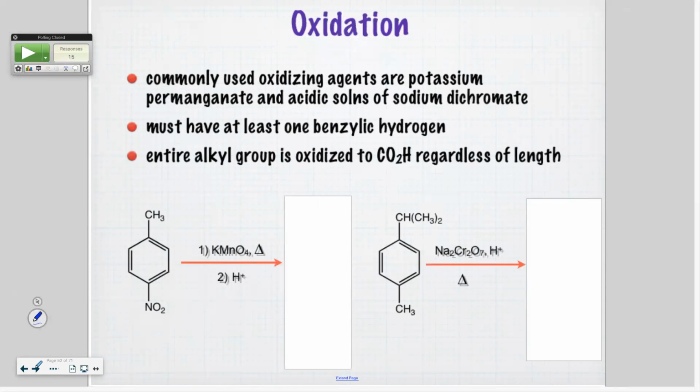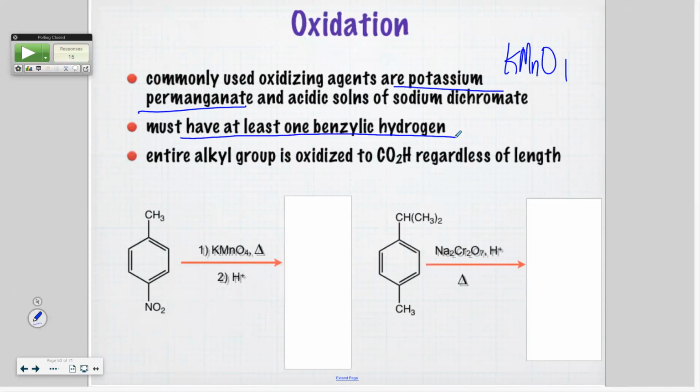Okay, your commonly used oxidizing agents are potassium permanganate, that's KMnO4, and sodium dichromate, Na2Cr2O7 in acid. You must have at least one benzylic hydrogen.